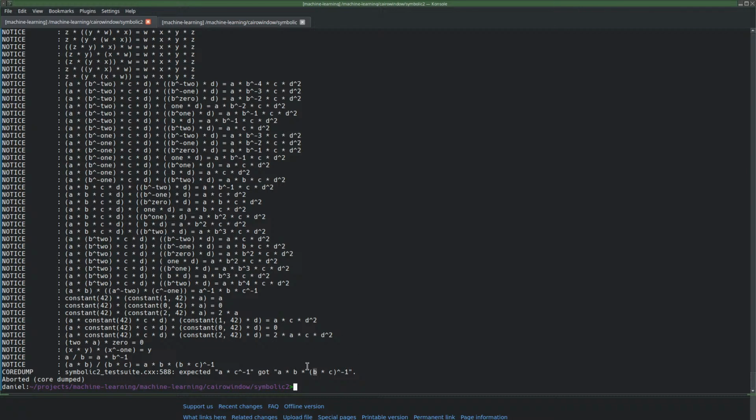It should have been a times b to the power -1 times c to the power -1, and then we can strike out those two. Is that true?